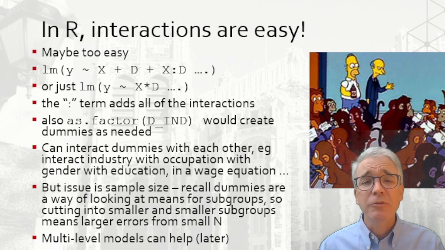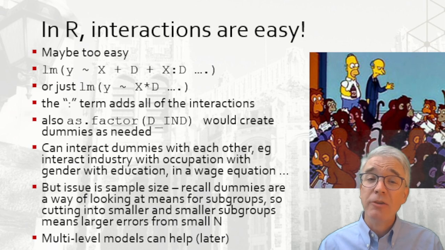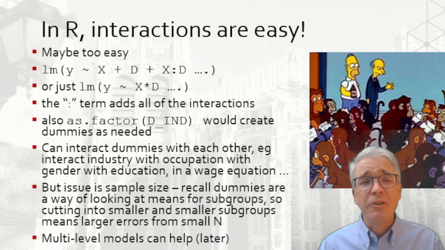Dummy coefficient estimates are based on the means of subgroups. To estimate industry, occupation, gender, and education dummies, we've got to look at the average wage of each of these interactions: people in a particular industry, in a particular occupation, with a particular gender and particular educational qualification. What's their average wage compared with people in the next industry, or next occupation, or next gender, or next education?